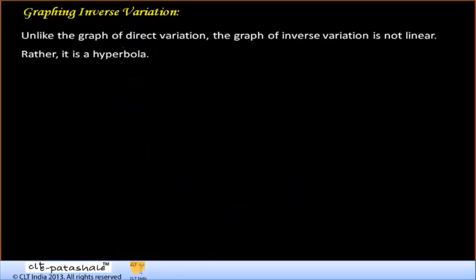Graphing inverse variation. Unlike the graph of direct variation, the graph of inverse variation is not linear. Rather, it is a hyperbola. xy is equal to 1.